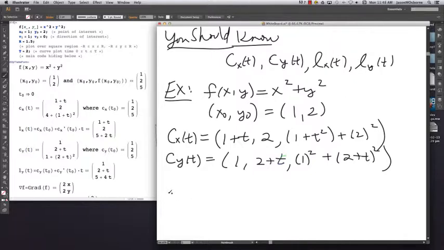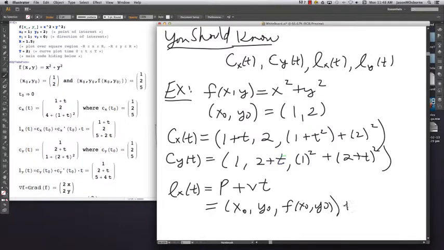Now, the idea behind the tangent line in the x direction. Remember that it's a point plus a direction vector times t. The point that your tangent line goes through is x naught, y naught, f of x naught, y naught, plus your direction vector times t.